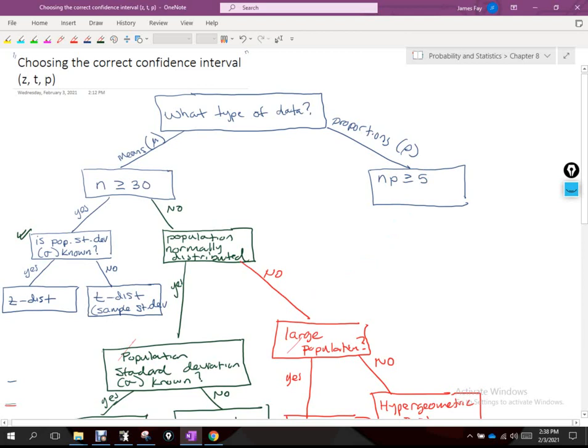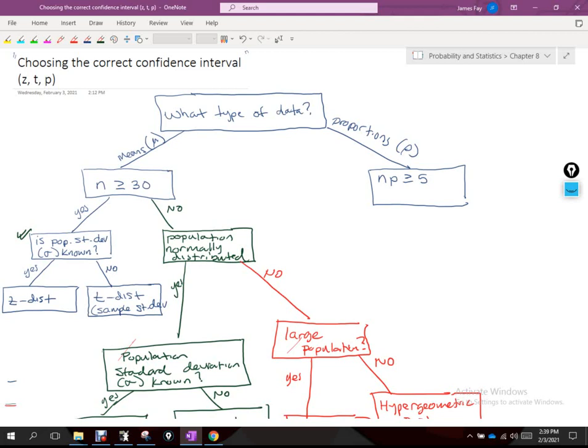N is just the sample size, and P is the probability of a success, maybe P is being left-handed. So if that situation I just explained was 20 of us in here, multiplied by 10%, we get 2. That 2 is not greater than or equal to 5, right? So because it's not, the conditions are not met for us to use proportions and determine intervals with those.